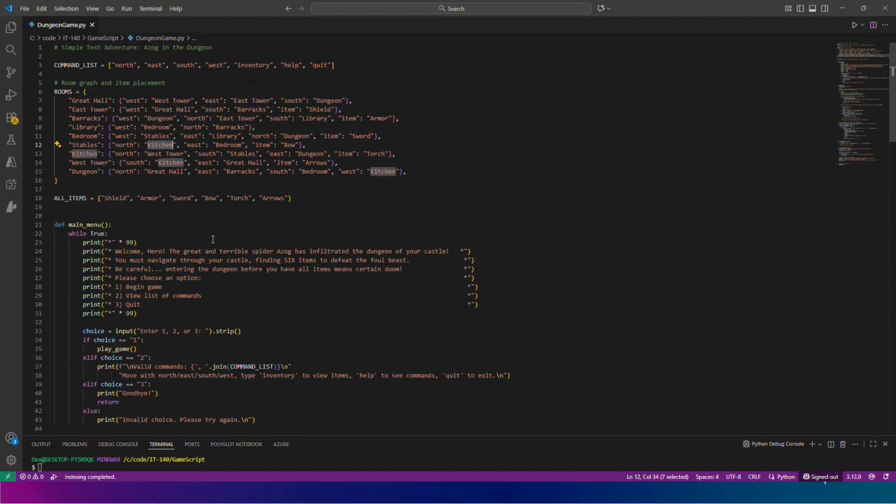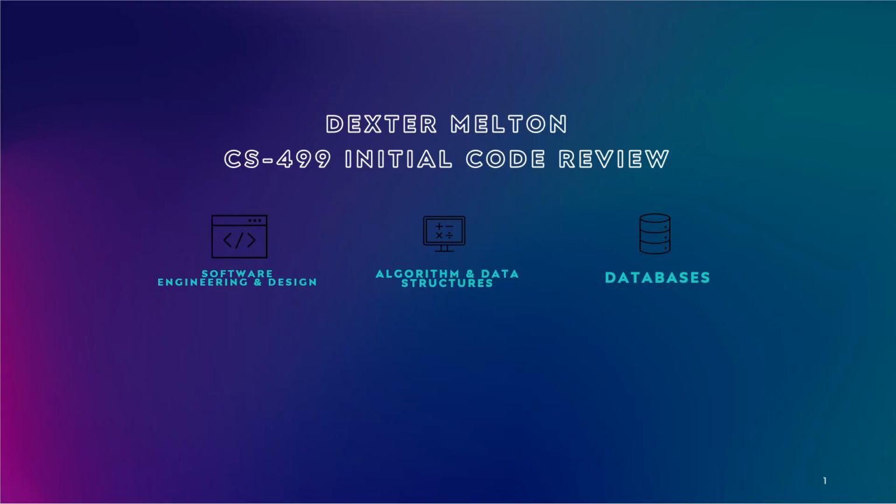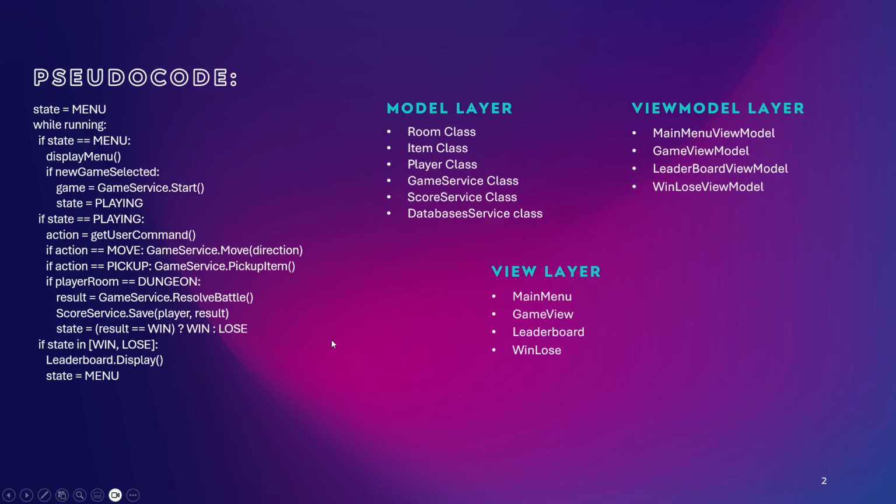So now that we've looked at the current code and its structure, I'm going to move into my enhancement plan, starting with software design and architecture. So for this enhancement, I am going to be porting this artifact over to C#.